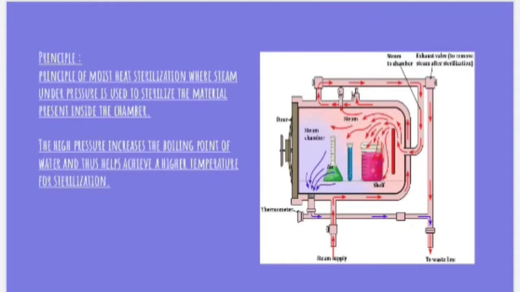However, the boiling point of water increases if the pressure is increased. Similarly, the high pressure also facilitates the rapid penetration of heat into deeper parts of the material, and moisture present in the steam causes the coagulation of proteins, causing an irreversible loss of function and activity of microbes.